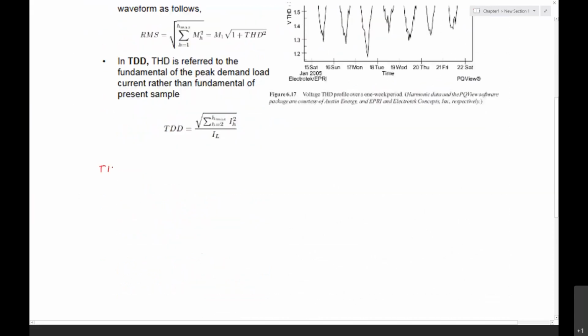The total harmonic distortion, the THD, is evaluated to quantify the distortion with respect to harmonics.